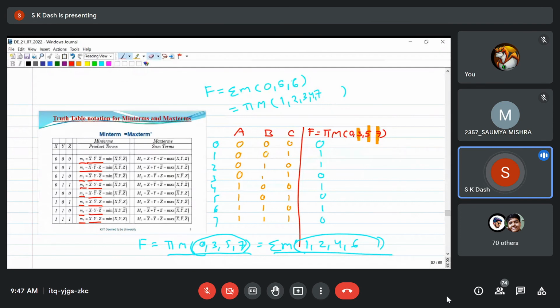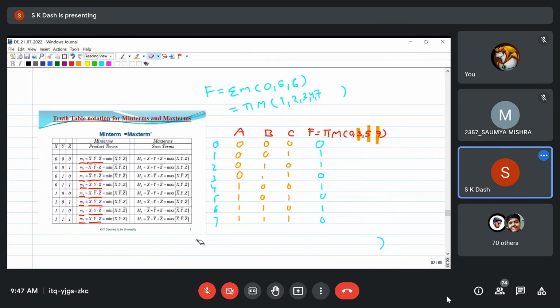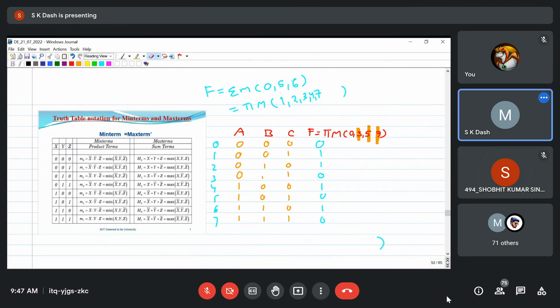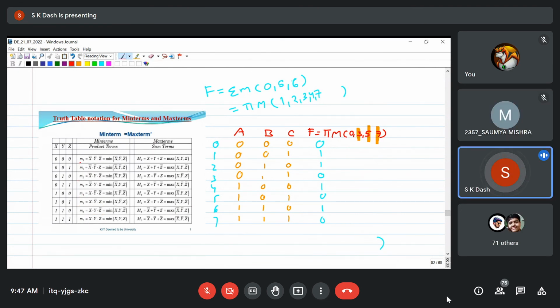What is small m0? Check this table. Small m0 is x bar y bar z bar. What is capital M0? x plus y plus z. If I take the complement of m0, that is the complement of x bar y bar z bar.